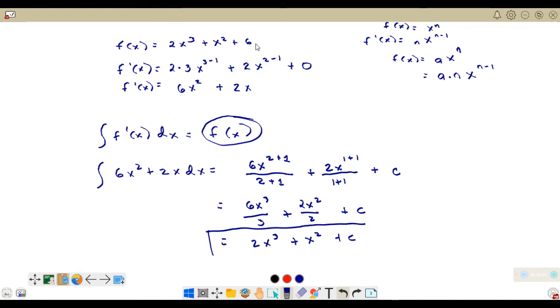So, constant naman talaga si c, which is 6. Sabi ko nga later on, saka natin aaralin kung paano makuha yung exact value na 6 for the constant. But for this part, we are going to settle with the representative variable c for every constant, including the 6 in this example.